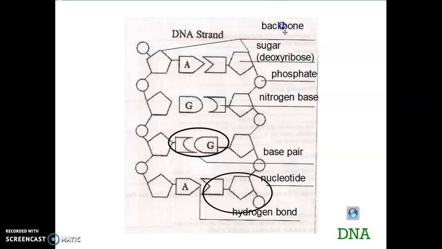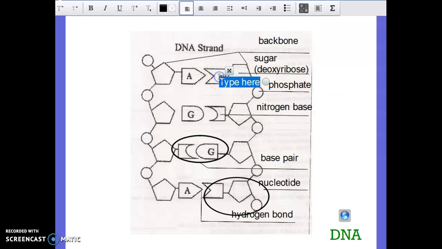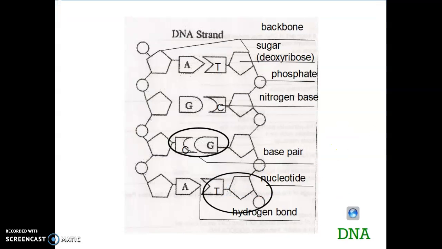And they actually call the two sides of that the backbone. So if you wanted to make it really complete, this would obviously be a T, this one would be a C, this one would be a C, and this one would be a T. It is honestly that simple.